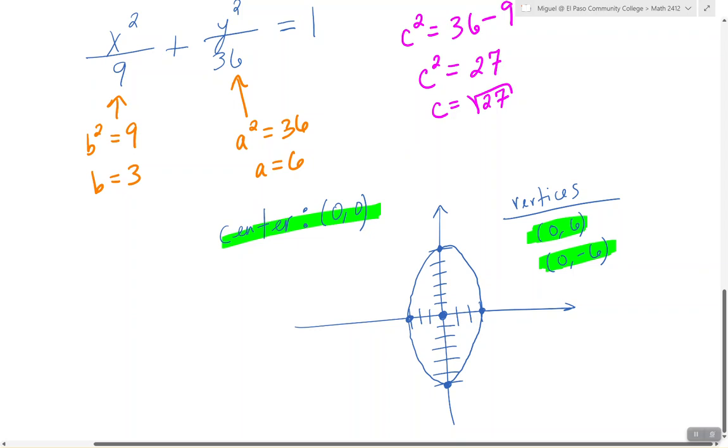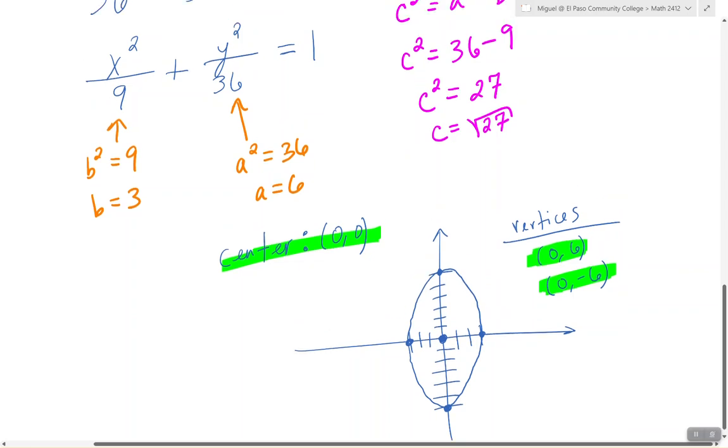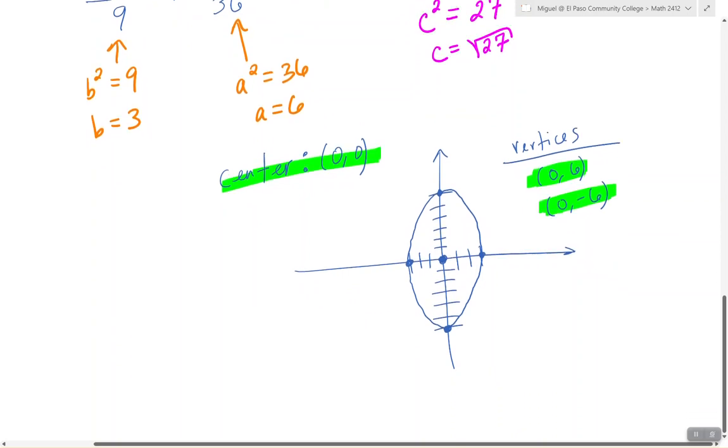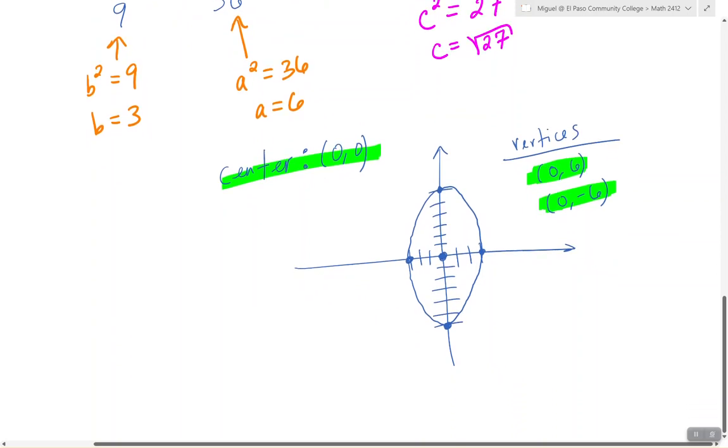So you would go, this is what, about a little bit more than 5 units, right? Since square root of 25 is 5, a little bit bigger. So 5 point something. So from the center to find one focus, you would go up a little more than 5. Focus would be right there, and the other one will go down. But they didn't ask for that, so we technically didn't have to find C. But when they do ask you to find everything, all the components, then you will need to find C.